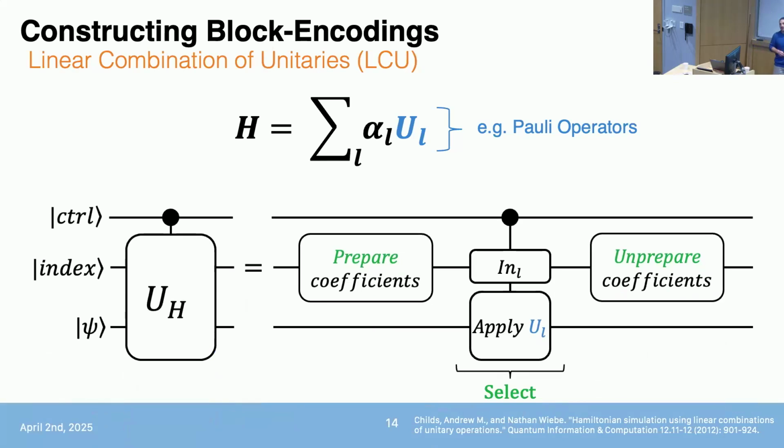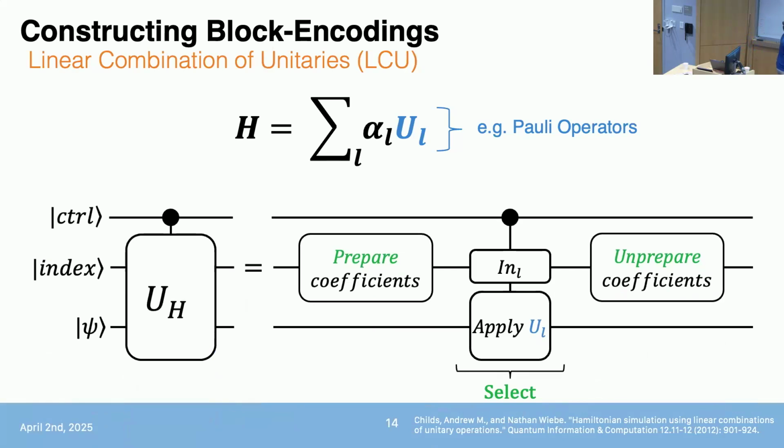We call them prepare and select. Although on this slide they might look a little arbitrary, I'll show you exactly how you can explicitly construct them in terms of gates.